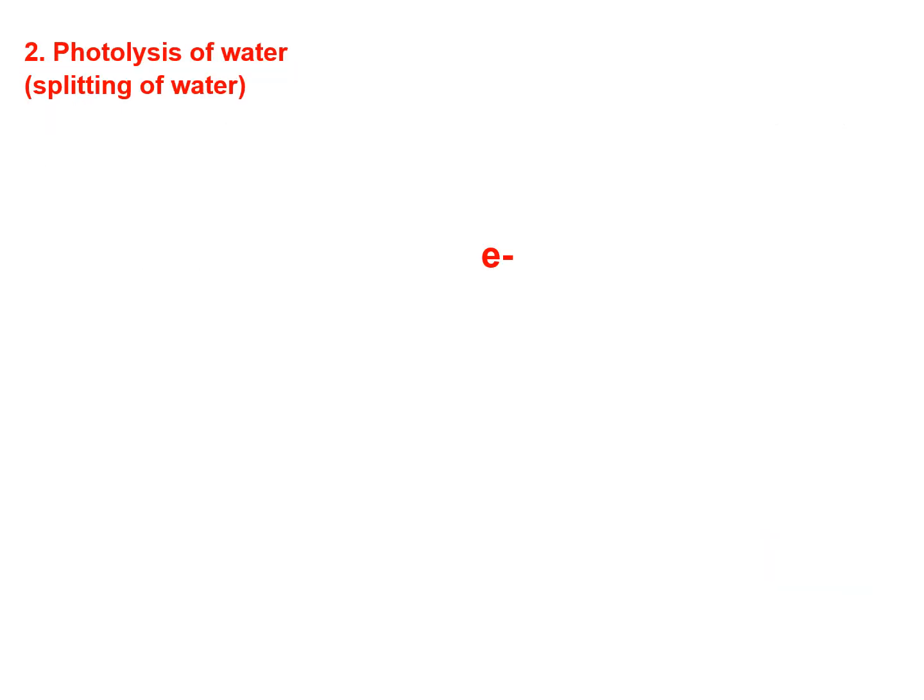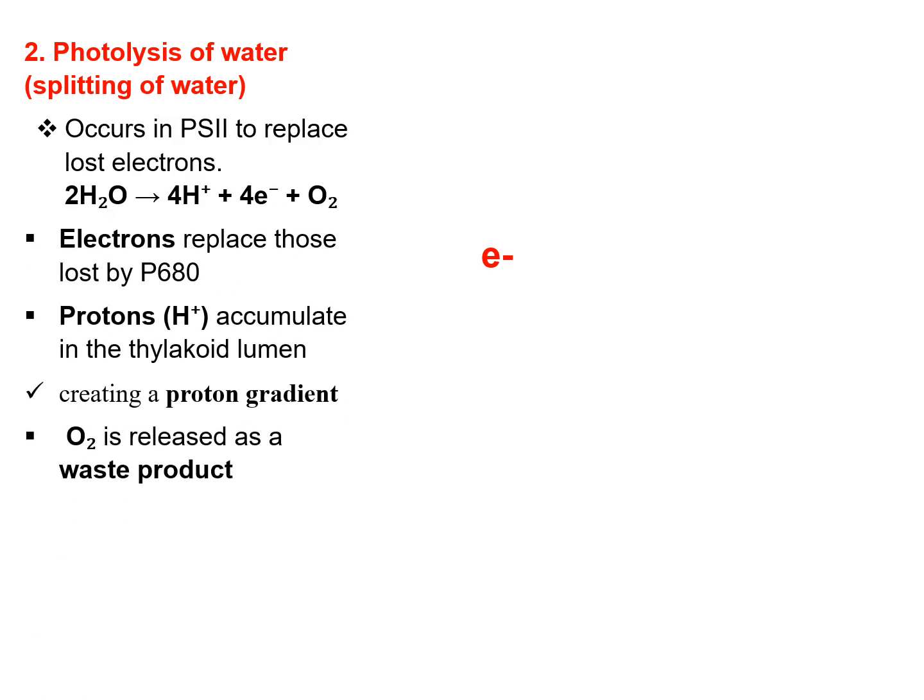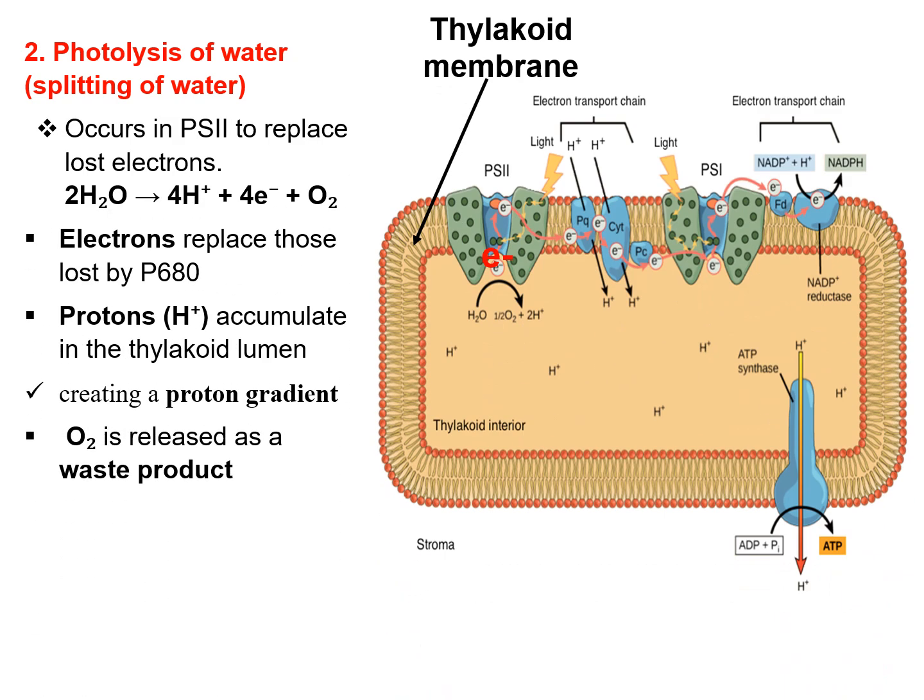Then the second step of light reaction, photolysis of water or splitting of water. This splitting of water again occurs in photosystem 2. When the light energy strikes a water molecule in photosystem 2, it splits the water molecule. As a result, hydrogen ion and electron are released.